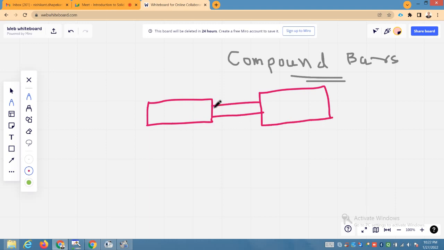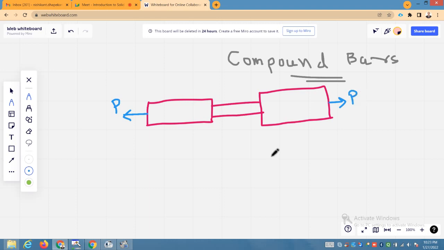This is the front view, but this is circular in section with varying diameters, and the compound bar is made up of different materials. To this compound bar, if suppose axial pull is given, right? So this axial pull is P here.